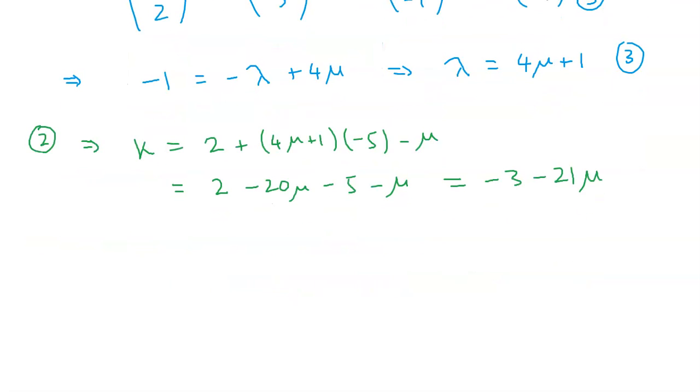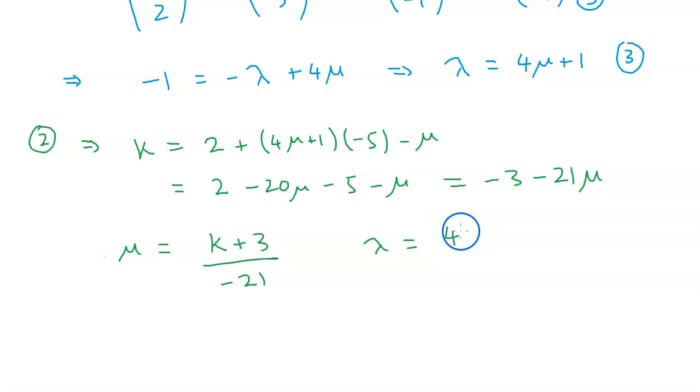And from this point, we can get that mu is equal to (k plus 3) divided by negative 21. And that also lambda must then be equal to 4 times that plus 1.